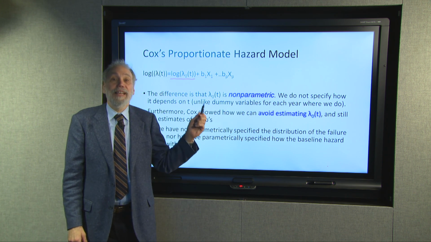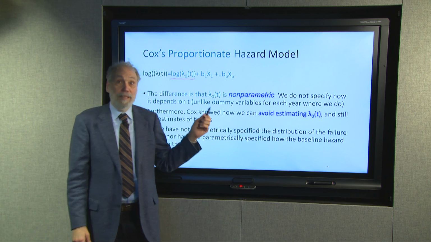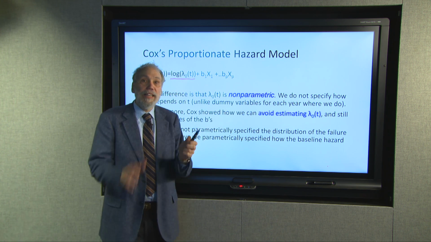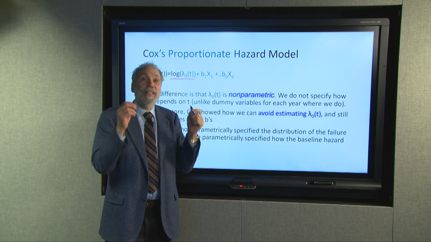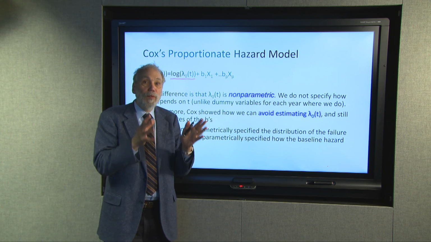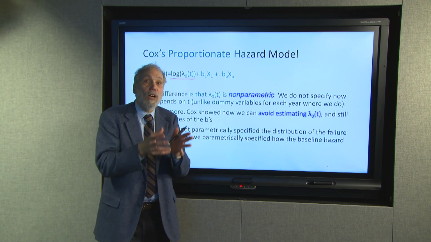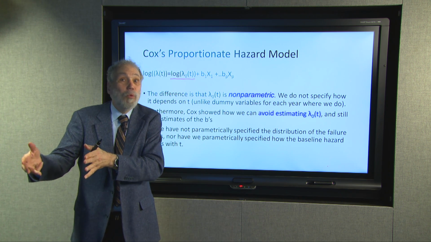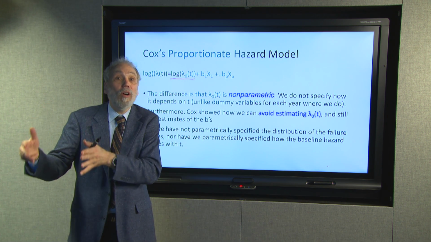He's going to let it be estimated non-parametrically, and in fact, what he showed is that you could get unbiased estimates of your parameters of interest, the coefficients of the predictors of mortality, without estimating it at all.